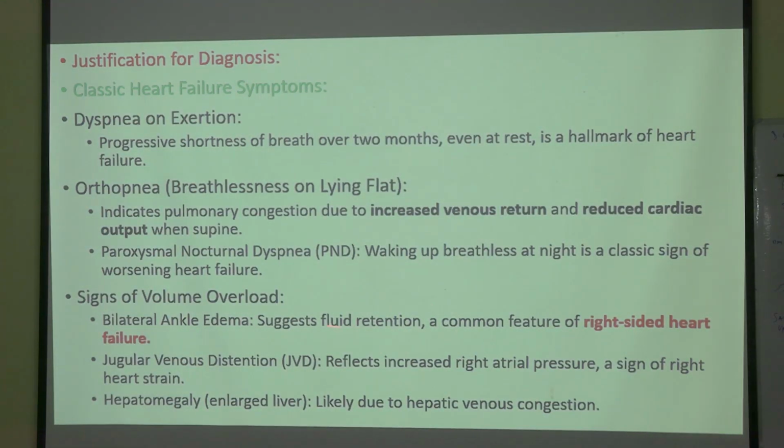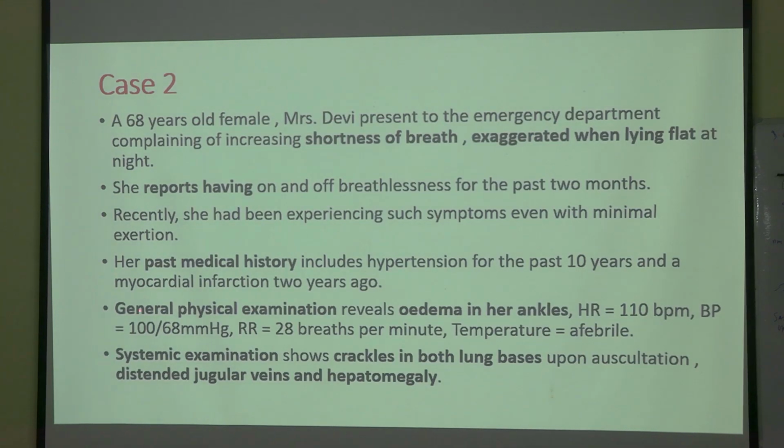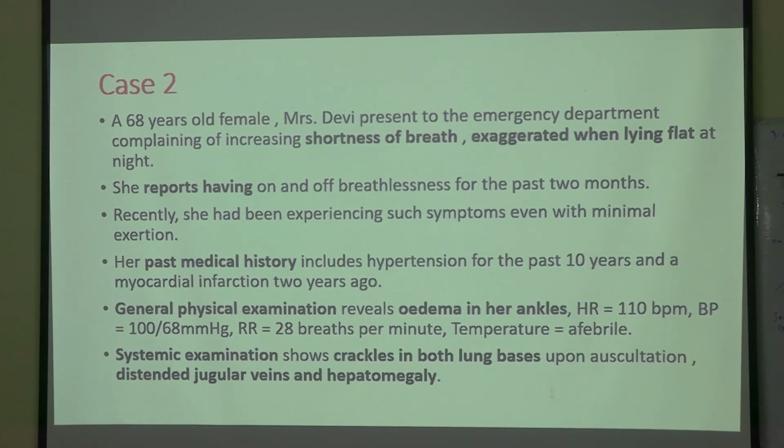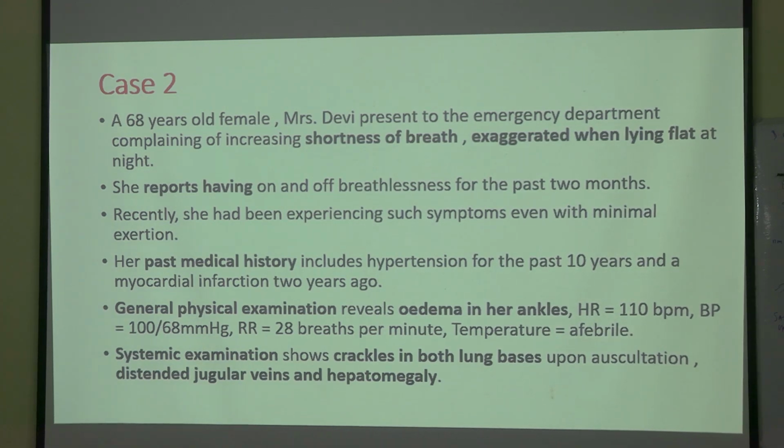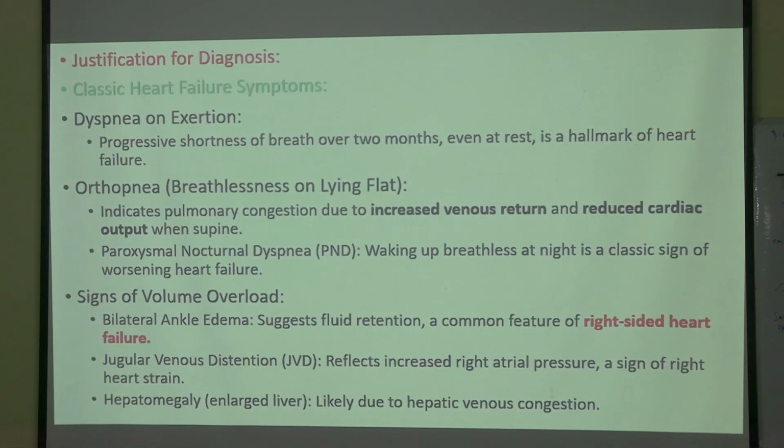And this fluid retention is one of the most important features of right-sided heart failure. In the case, this information was given: general physical examination reveals edema in her ankle, right? So as I mentioned, it is a common feature of right-sided heart failure.